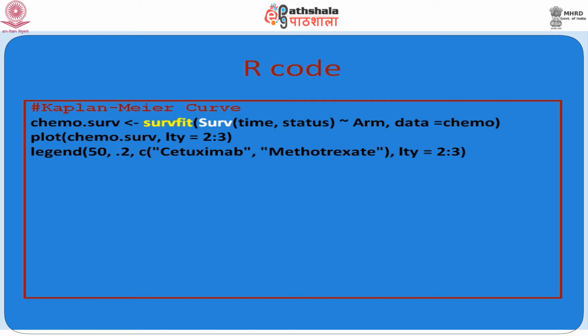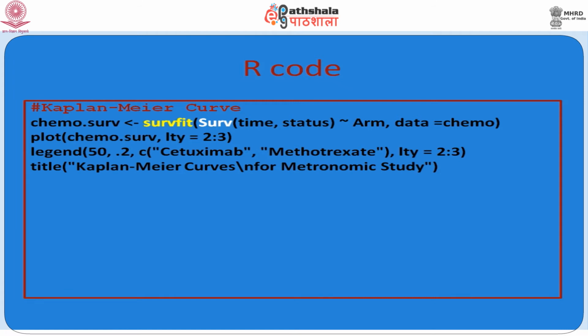Here we can see that the x-axis position is given as 50, that is, this legend will come towards the 50 days, and the y-axis position is given as 0.2, the probability of survival given through the y-axis. So at 0.2 it will start to place the legend values into the same graph where we get the survival plot.